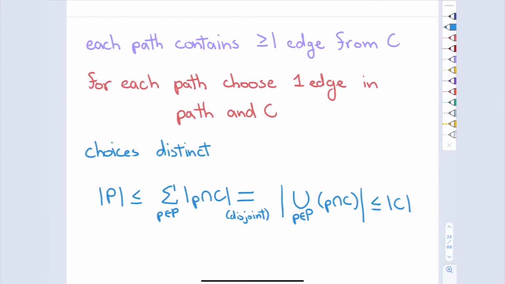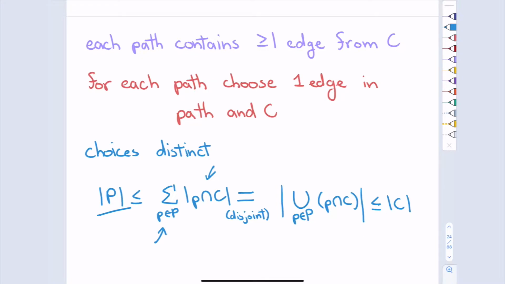If you have any path packing, which I'm calling capital P, I sum over the paths and look at the intersection of the path and my cut, where C is a set of edges forming a cut. Since the paths are disjoint, those intersections of P and C don't overlap.